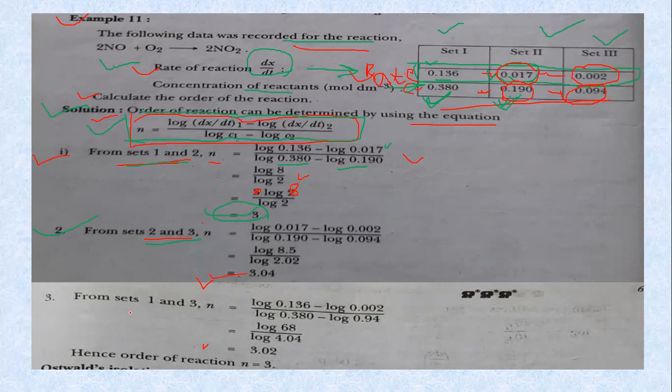Now for set 1 and 3, log of this value minus log of this value, and log of this value minus log of this value. So you are getting again the value 3. If you are getting 3 at all three points, the value of n is 3, hence you can say it is a third order reaction.